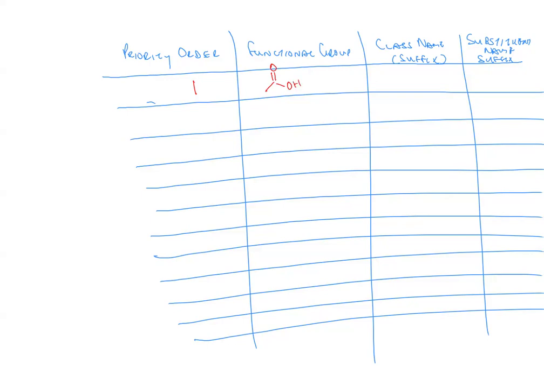So I'm doing the skeletal. This is COOH. That's right. So the class name is going to be whatever that skeletal name is, with oic acid added. But if it becomes a substituent, then you put carboxy. Okay, carboxy.